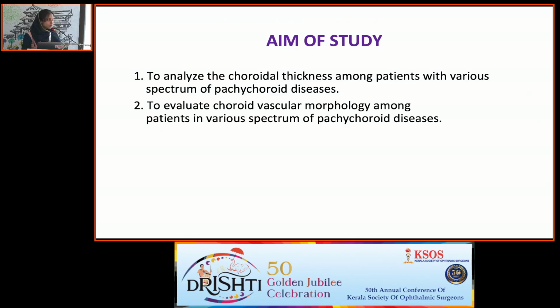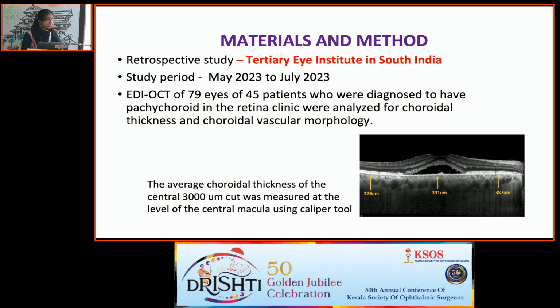The aim of our study was to analyze the choroidal thickness among patients of the pachychoroid disease spectrum and to evaluate their choroidal vascular morphology. We conducted a retrospective study at a tertiary eye institute in South India. We took the EDI OCT of 79 eyes of 45 patients who were already diagnosed to have pachychoroid in our retina clinic, and analyzed it for choroidal thickness and choroidal vascular morphology.